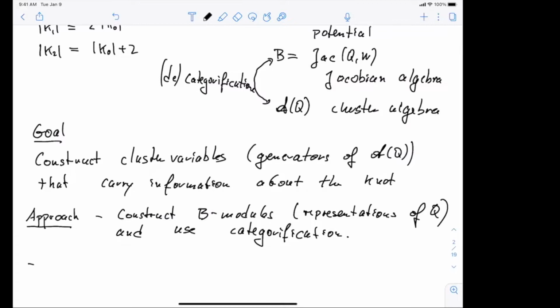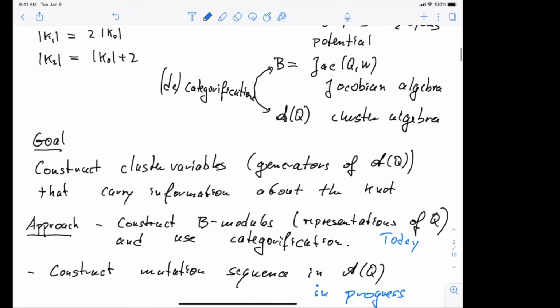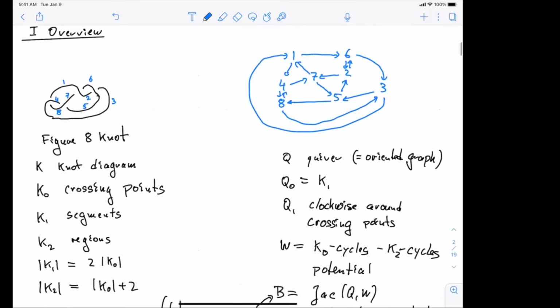And a different approach would be to construct a mutation sequence directly in the cluster algebra that produces the cluster variables that we're interested in. So the first approach is what I'm going to talk about today, and the second is our work in progress. Okay, so this is what this talk is going to be about. Any questions up to here?